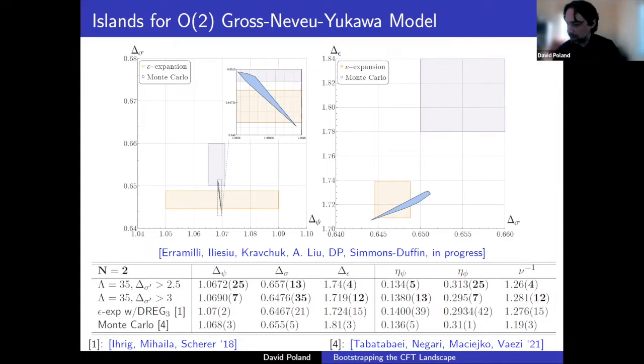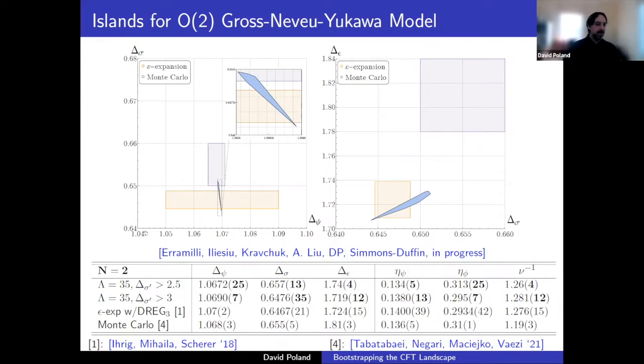Let me just highlight one thing that you might worry about in these computations. In doing these computations we had to impose a gap until the next operator in this sigma sector. This is the operator that I'm calling sigma prime.